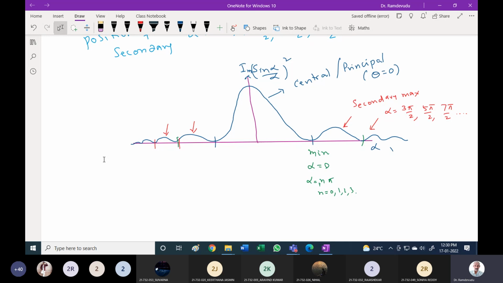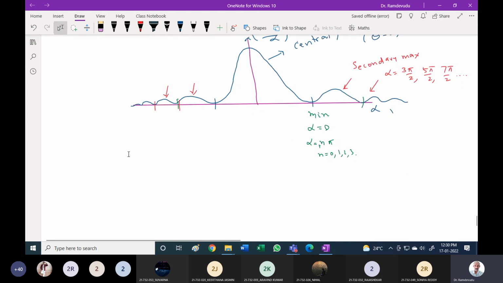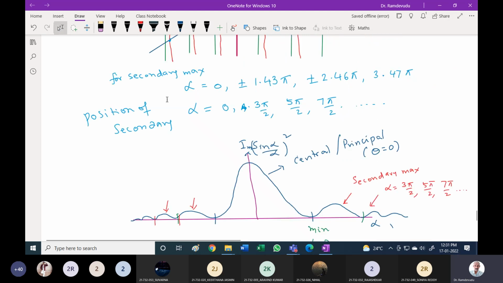Therefore, we have the equation for alpha for secondary maxima. Otherwise, I write alpha will take a value of 2n plus 1, into pi by 2, where n will take the values of 1, 2, 3, and so on.